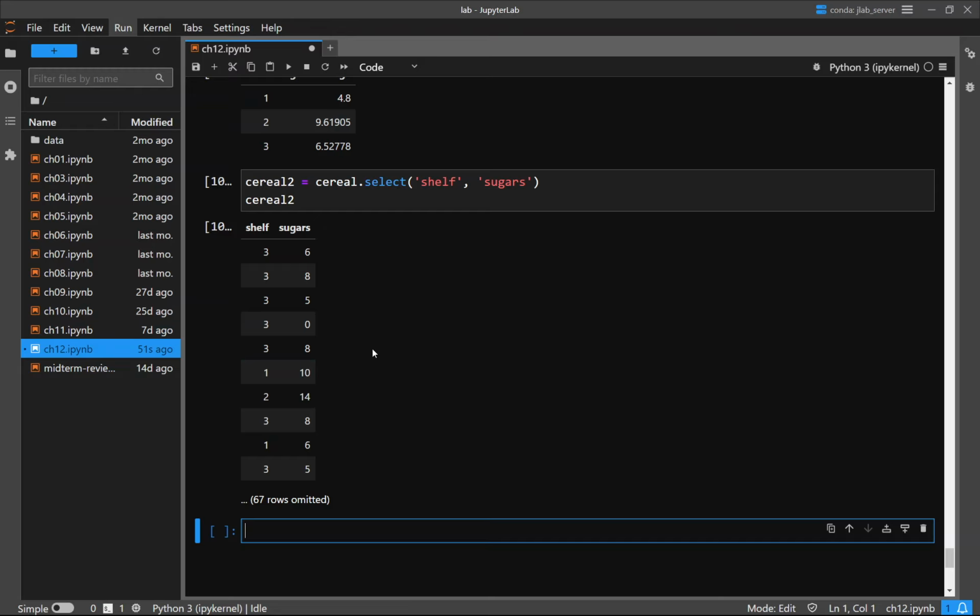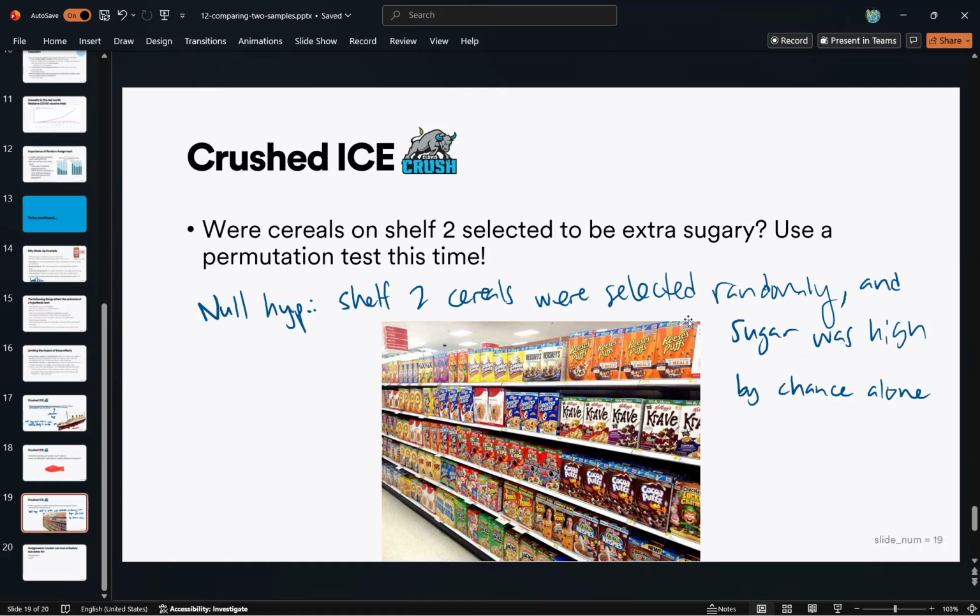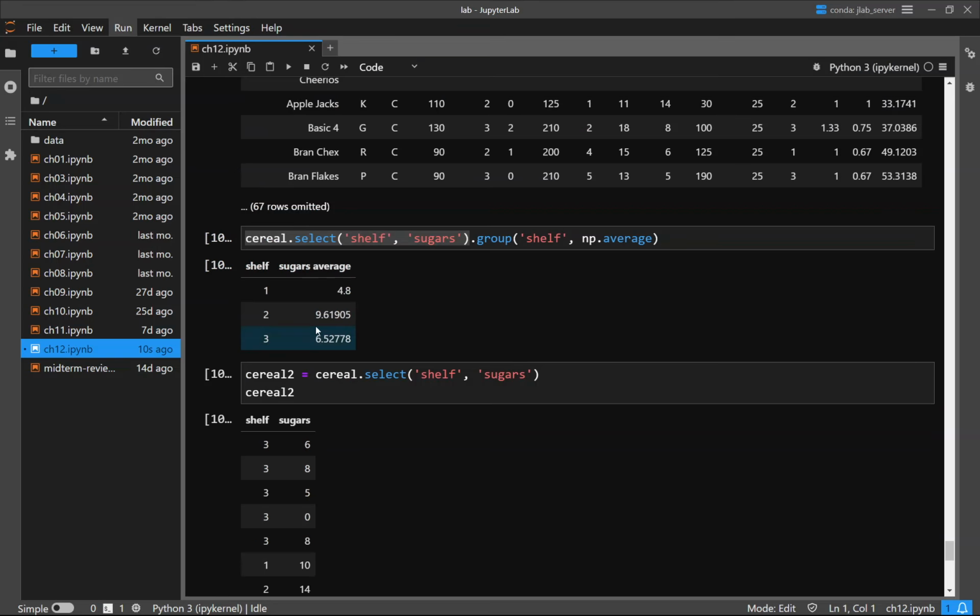With this kind of table, what could you shuffle? How could you make new shelf 2s? You kind of see it? I guess you could shuffle either of them, but the way that we've been doing is it's the label that describes them is the thing that we could shuffle, right? So if it didn't matter, if we just randomly got some sugary cereals on shelf 2, then it doesn't actually matter what shelf the cereal is on, right?